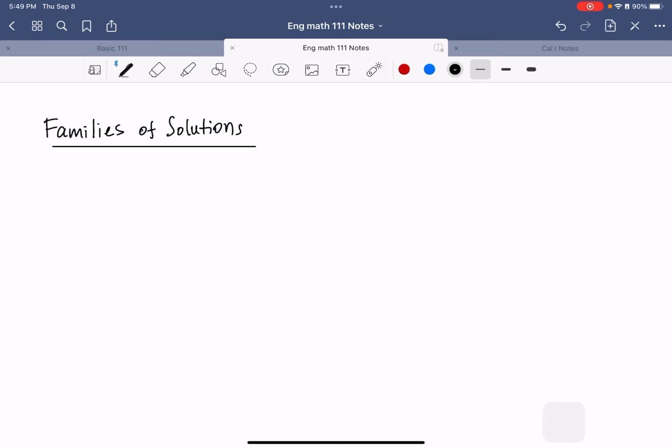So when we solve the nth order DE, let's say f of x, y, y prime, y double prime, dot dot dot, y to the power of n, like it's in order n.